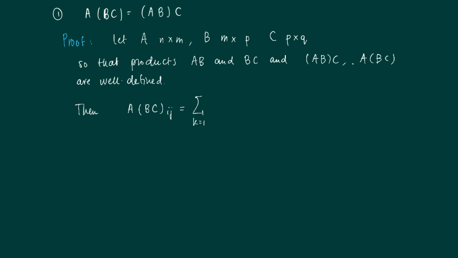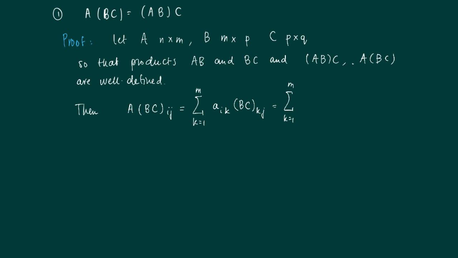row i and column j, well, by definition, this is no more than summing over the inner dimensions, k is 1 to m, A has m columns, times the kjth element in BC. And again, we're going to split off this BC.